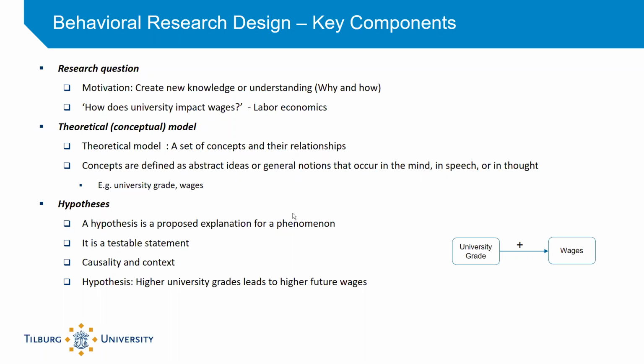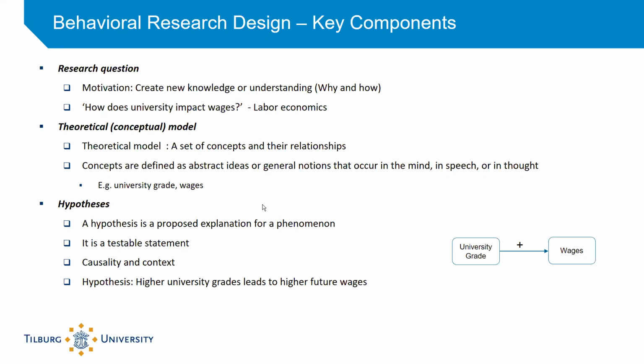So conceptualization is very ingrained in our thought and in our mind, and it can take abstract ideas and create concrete things out of them. In our example of university grades impacting wages, the concepts that we have are university grade and wages itself. These are the two concepts that we are covering over here.